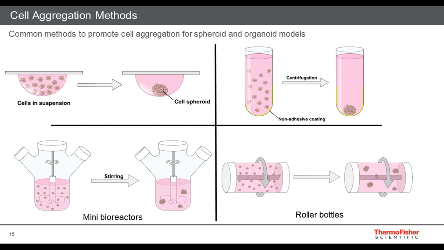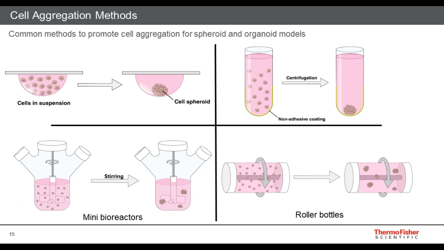Other practical considerations that you may be aware of, but are important not to underestimate, is the method of aggregating your cells in order to make a 3D cell model system. Some of these can be thought of as either specialty plastics or perhaps non-standard platforms in some instances. And in other cases, they can just be cumbersome, although effective, approaches to aggregating cells.